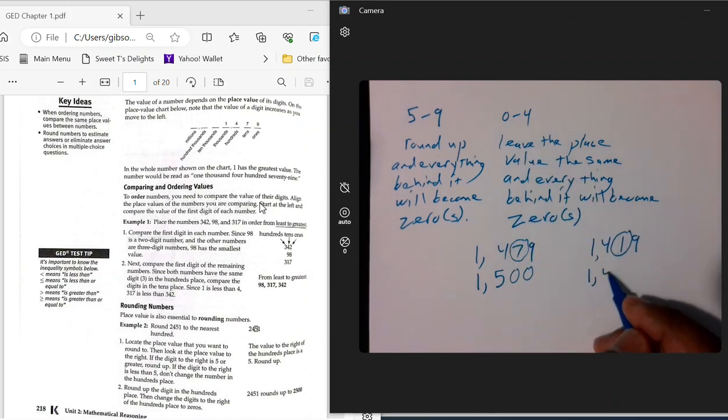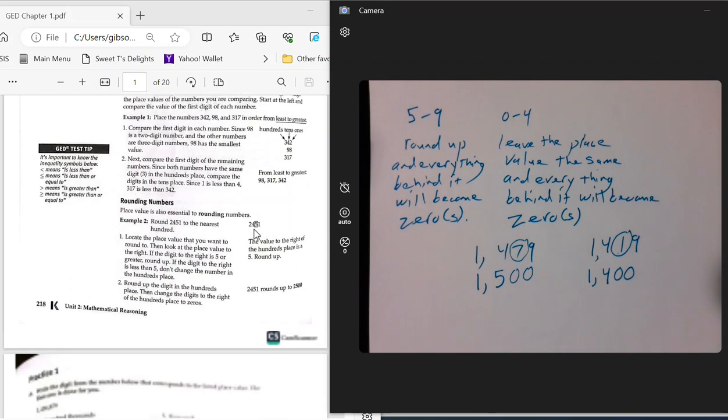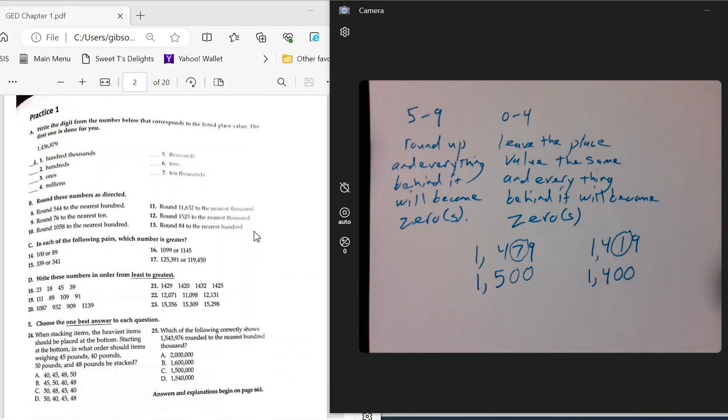So we'll bring out our 1 and our 4. Everything behind this place value will become 0. So if we were rounding to the hundreds place with 1,419, we would end up with 1,400. Over here, we rounded to the hundreds place with 1,479, and we ended up with 1,500. There's a big difference. Okay, so now we go on to the next page to the practice problems.